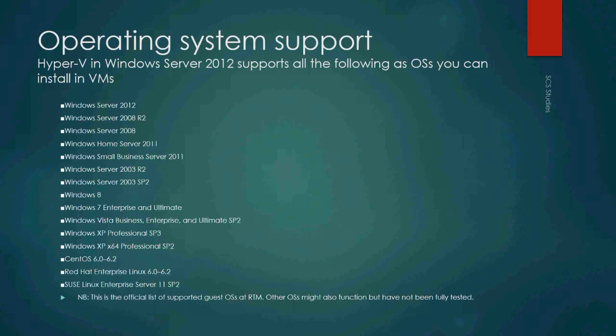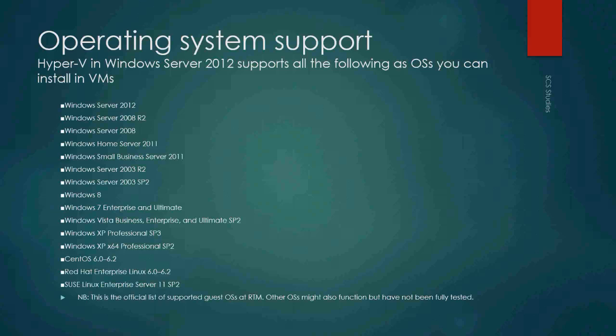The last and important feature that you should know, if you are dealing with Windows Server 2012 Hyper-V, is the officially supported operating systems available in the Windows Server 2012 hypervisor.